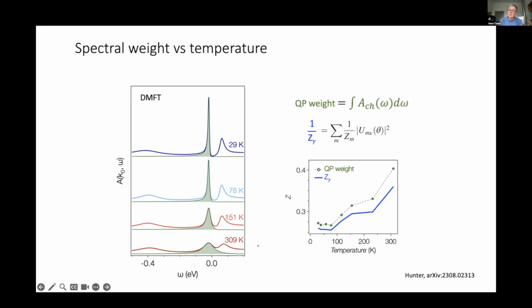Then we compare, and what we obtain is that Z, defined as the integral of this peak, increases with temperature, and this is consistent with what you also find if you start from the slope of the real part of the self-energy, which is the blue line.